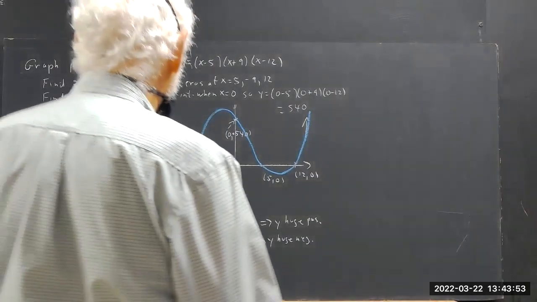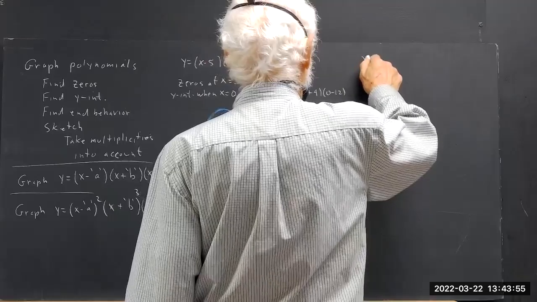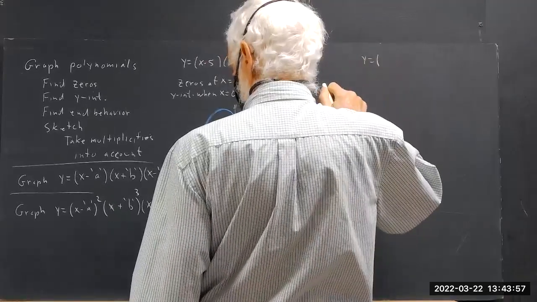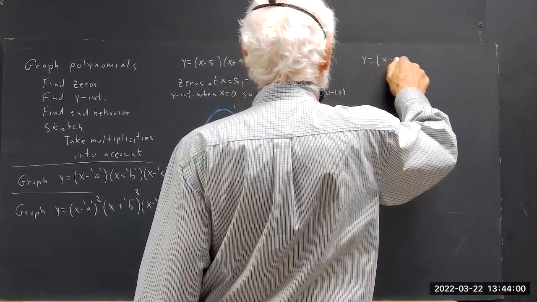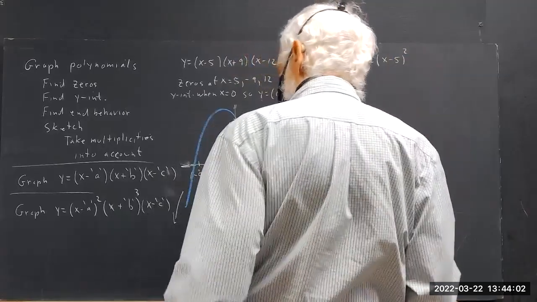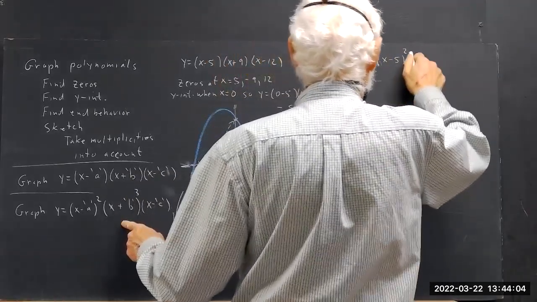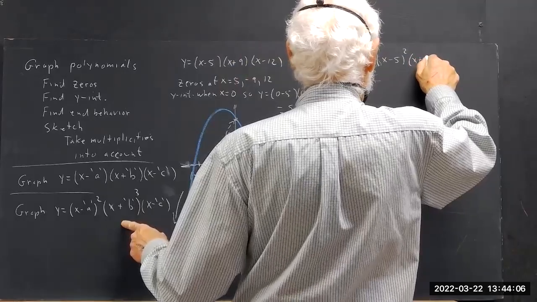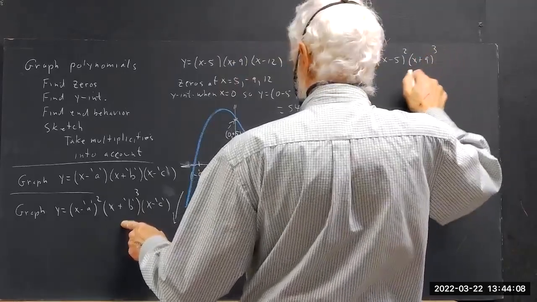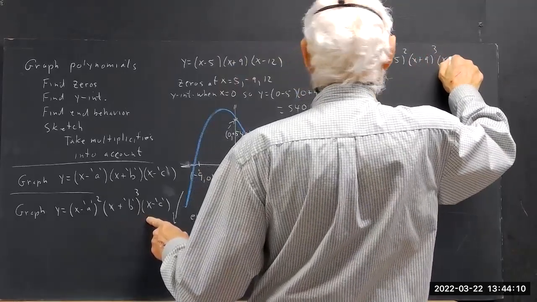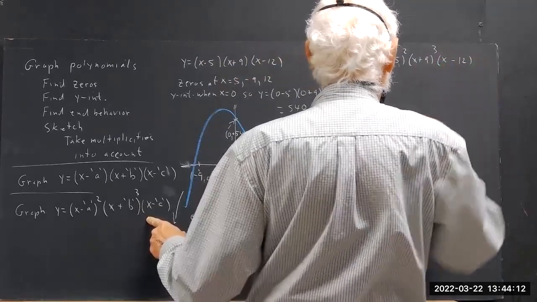Now, if the x minus 5 is squared, and the x plus 9 is cubed, we still have the x minus 12. What's that do?